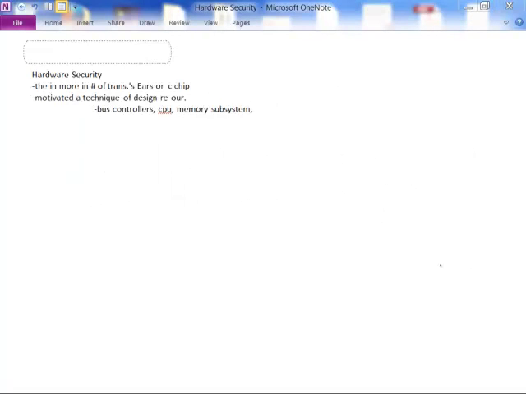So this brings up the idea of design intellectual property, right? So what is intellectual property in a design? Well, intellectual property is a unit of the design that can be viewed reasonably as a standalone component.